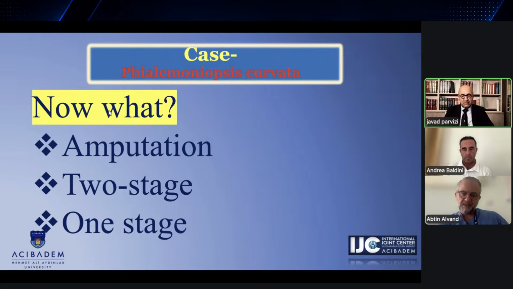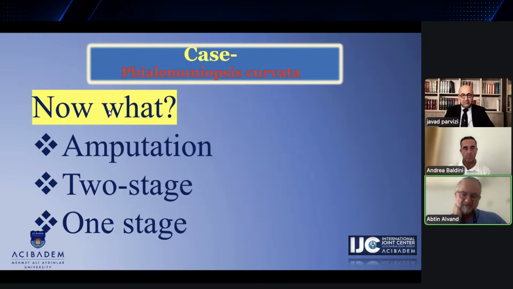I think there was enough bone stock there, and the extensor mechanism seemed to be intact. And I presume the patient's come to you because she doesn't want an amputation, otherwise she would have maybe had it somewhere else. So I think a revision procedure is indicated. Whether I would go for a two or one stage, maybe 5 years ago, 4 years ago, 3 years ago, I'd be 100% two stage with a fungal case like this.